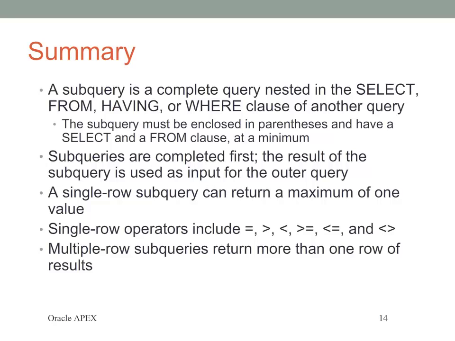Recall that a single row subquery will return a maximum of one value. Also note that we looked at some of the different single row operators, and the multi-row subqueries then will return more than one row within the results. Let's continue this summary.